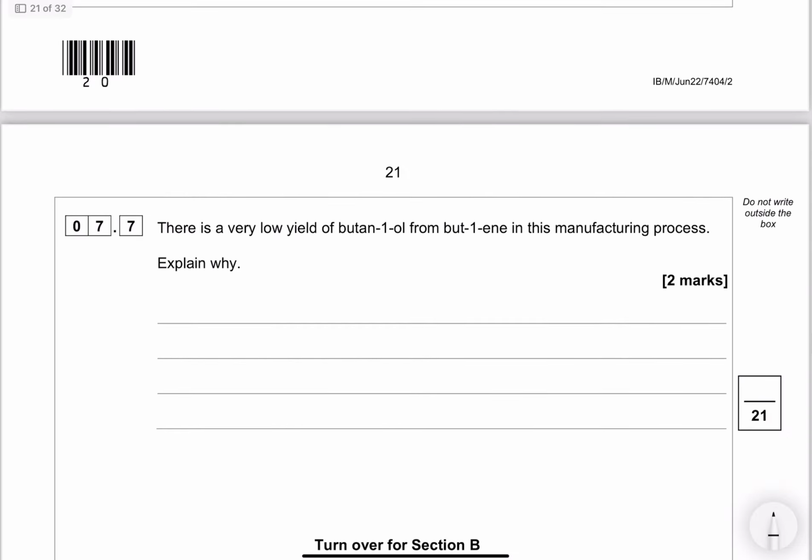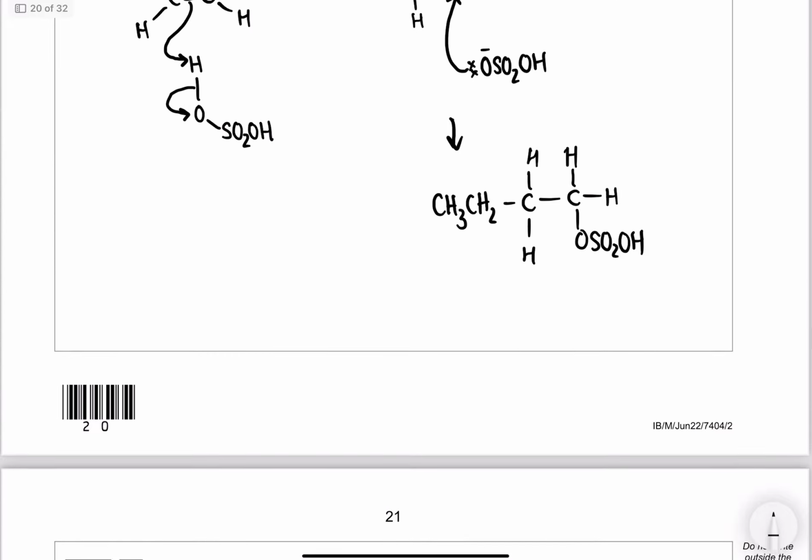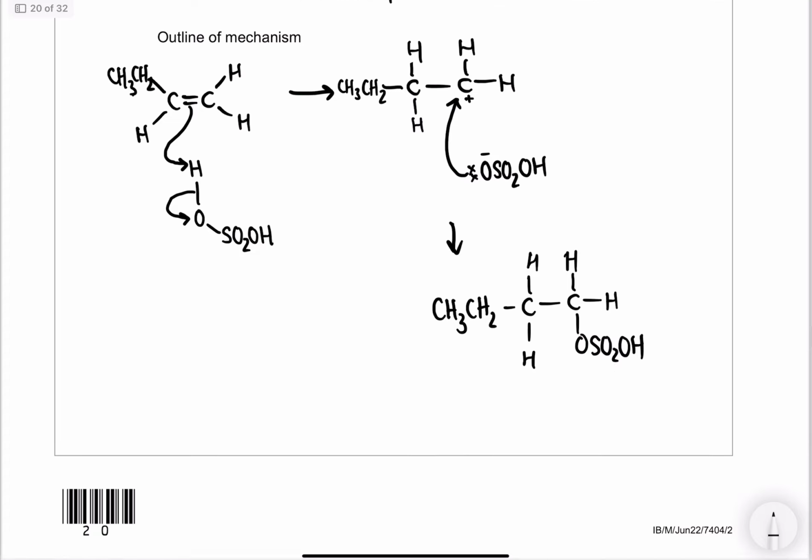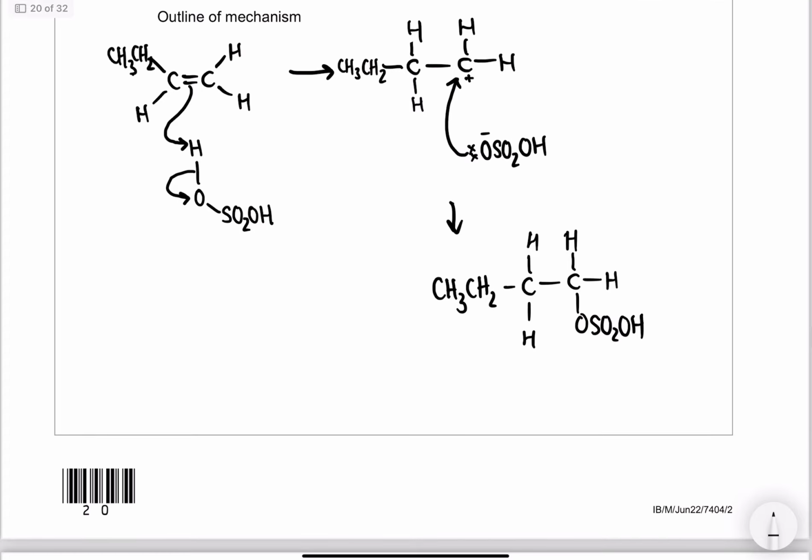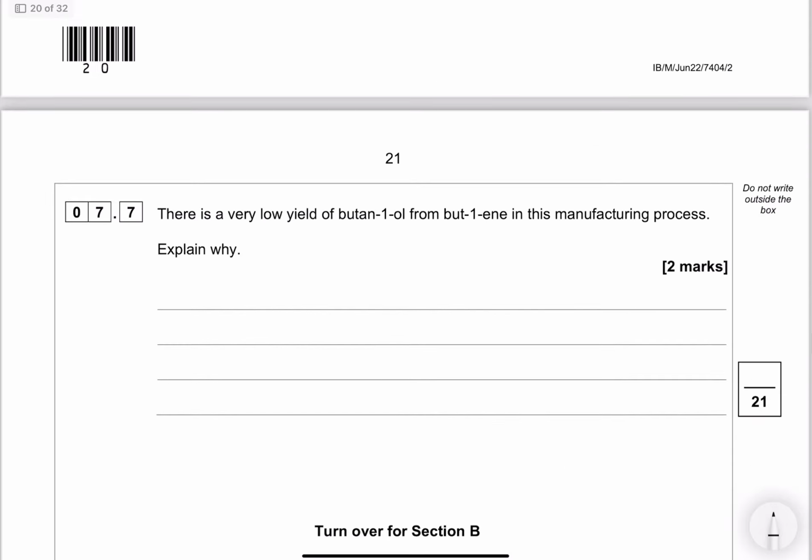There is a very low yield of butan-1-ol from but-1-ene in this manufacturing. Explain why. So, as I said here, we made a primary carbocation, which would be the minor, the less stable carbocation, leading to the minor product.